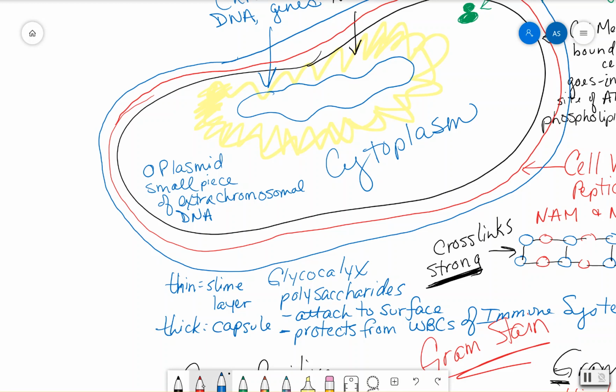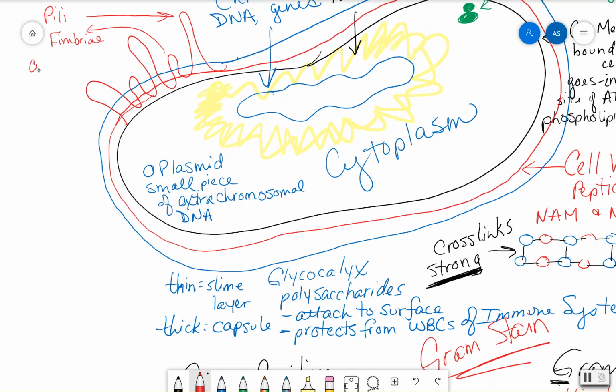Continuing our journey towards the outside of our bacterial cell, sometimes there are protein projections from the surface of the cell. There can be long ones and there can be short ones. The long ones are called pili, and the short ones are called fimbriae.